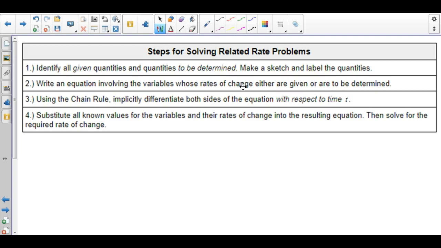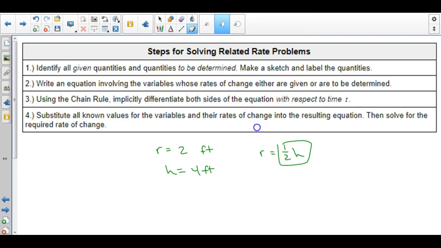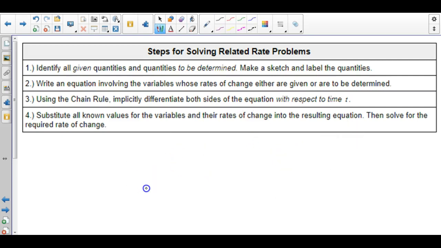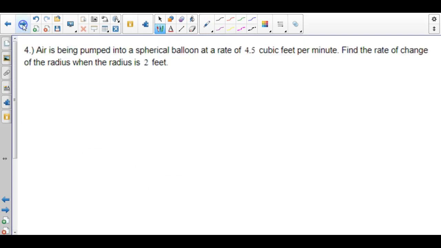Meaning, you might be given a problem where it says, hey, your radius of something is 2 feet, and suppose your height equals 4 feet, you might have to just say, okay, if that's the constant rate, that means my radius is 1/2 my height. And what that does is it puts one variable in terms of another variable. So we might encounter some problems like that as we work through these rates problems.